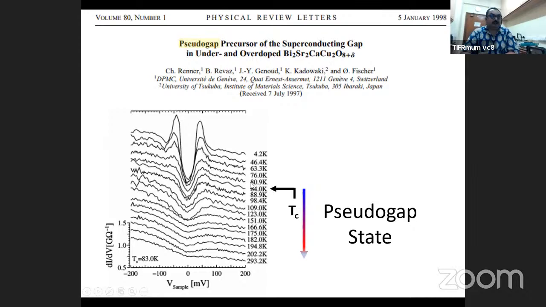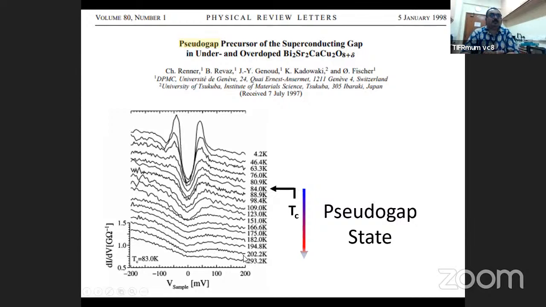At 84 Kelvin, which is already 1 Kelvin above TC, the superconducting gap has not closed. But the point is that it doesn't close even up to, let's say, 123 Kelvin, it's still there. And if you look very carefully, it's there maybe even up to 160 Kelvin or so.